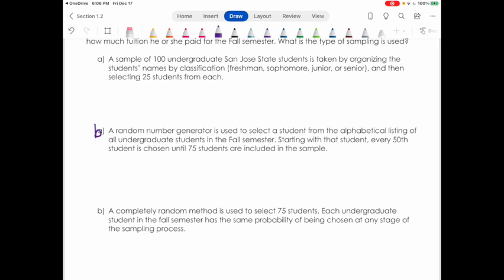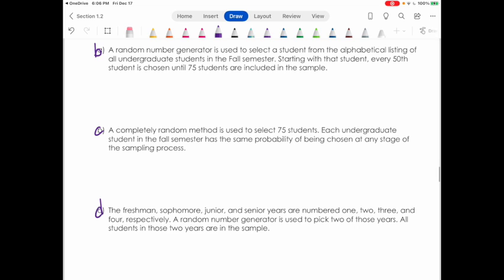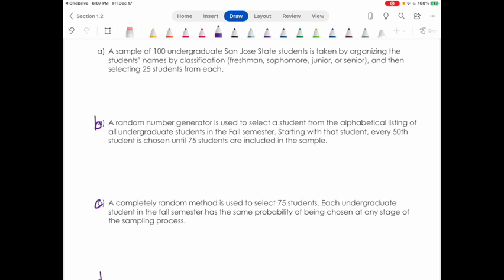Okay, in part A, oh, it looks like there's a typo here. This should be B, this should be C, this should be D. Okay, it says a sample of 100 undergraduate San Jose State students is taken by organizing the students' names by classification, freshman, sophomore, junior, or senior, and then selecting 25 from each.